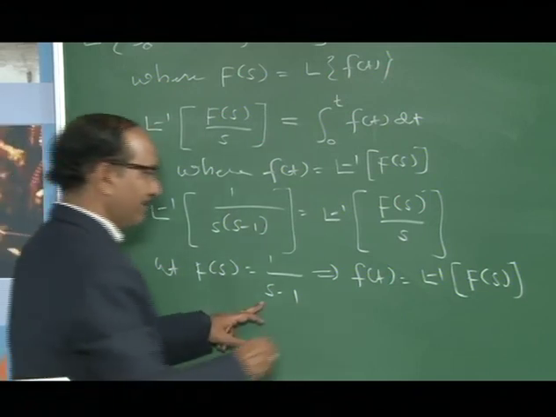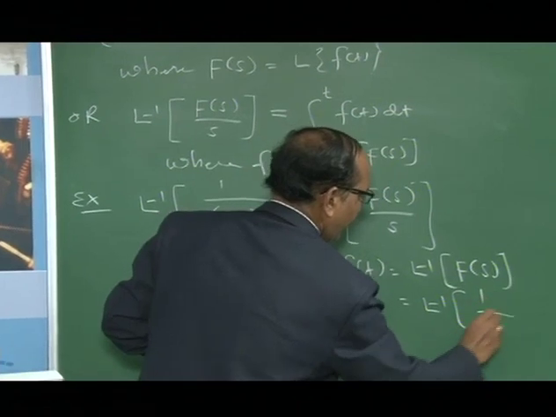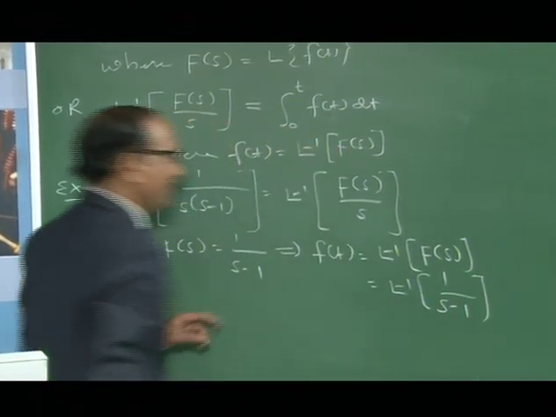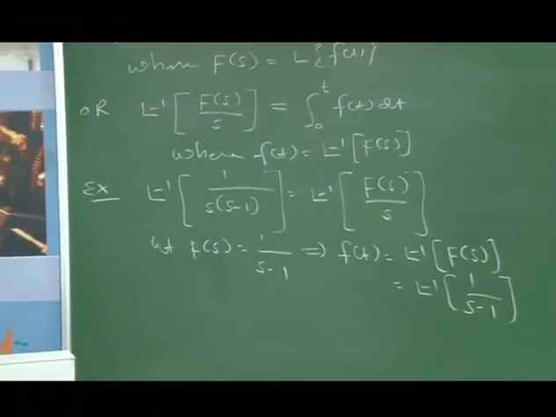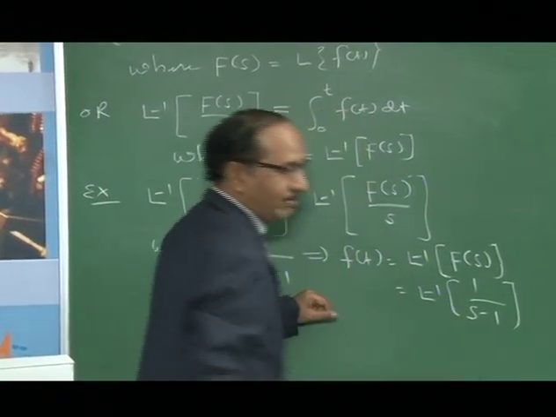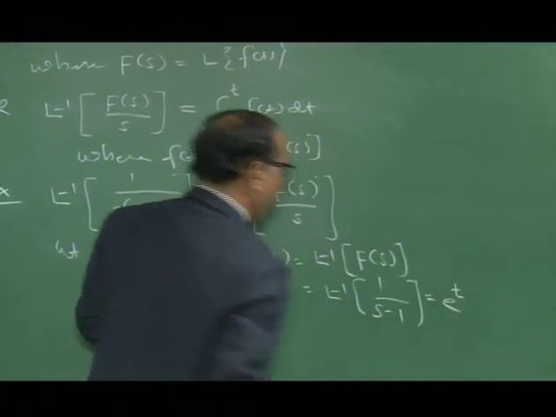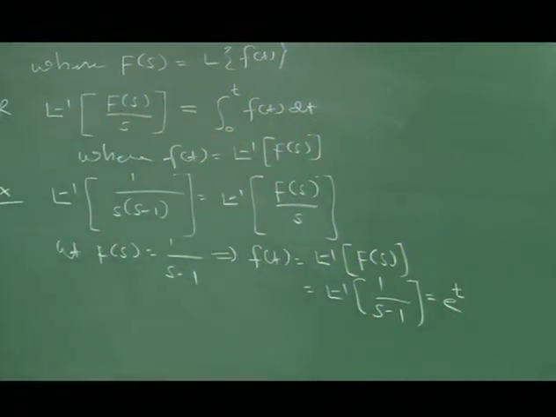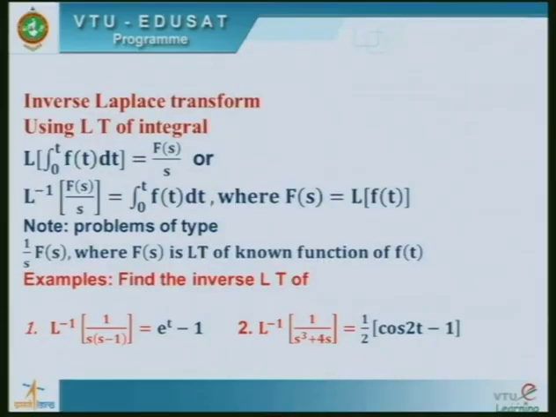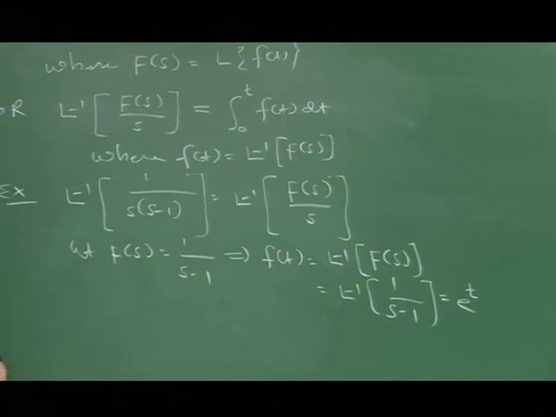So, L inverse of 1 upon s minus 1, that is directly e raised to at type. 1 upon s minus a is e raised to at, a is 1, so it is e raised to t. So, the Laplace transform of e raised to t is 1 upon s minus 1, then its inverse is e raised to at.